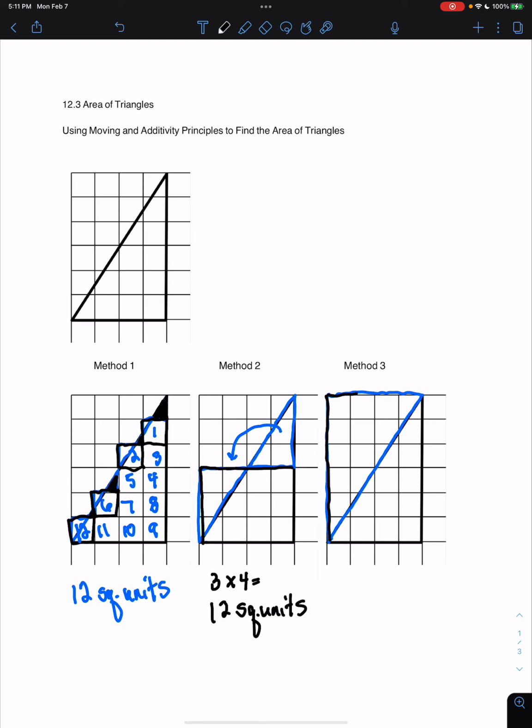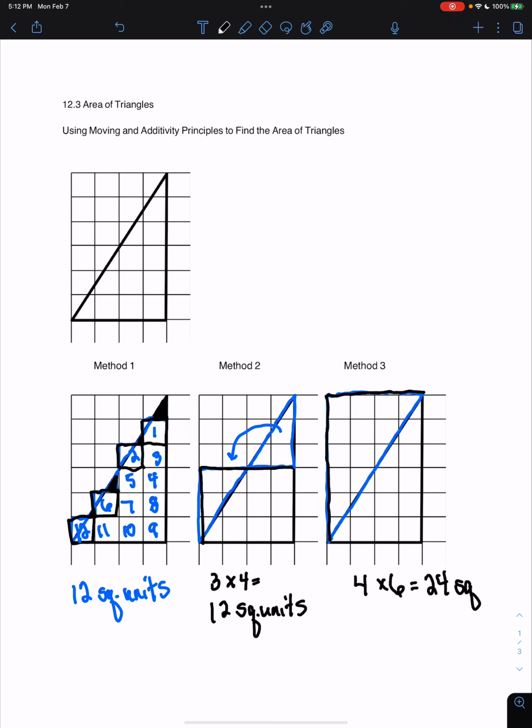And this time I can find the area of that giant rectangle. 1, 2, 3, 4 times 1, 2, 3, 4, 5, 6. And that is 24 square units.